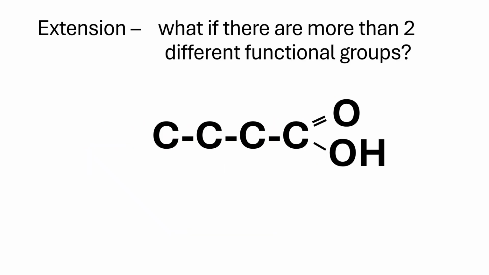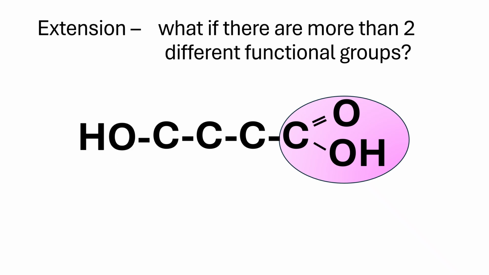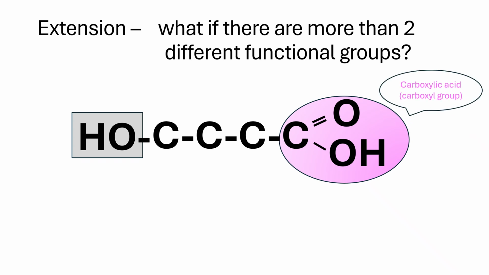Now you are ready to step up to the next level. This structure will deal with 3 functional groups, not 2. Can you already see there's a carboxylic acid group, and there's the OH group? If you have seen my previous videos, you may already know this is the alcohol family, the hydroxy group. Here we call this hydroxy because the carboxylic acid takes priority, because it has a double bond within the main functional group.